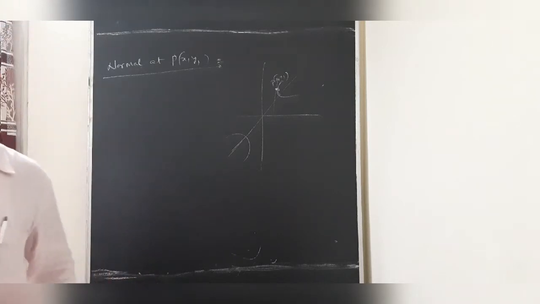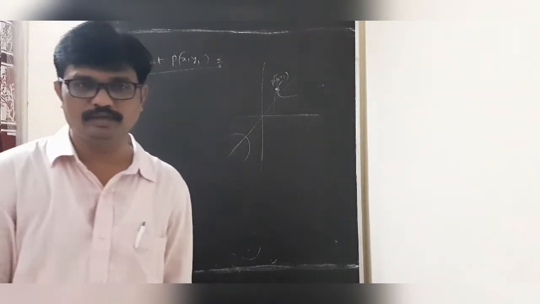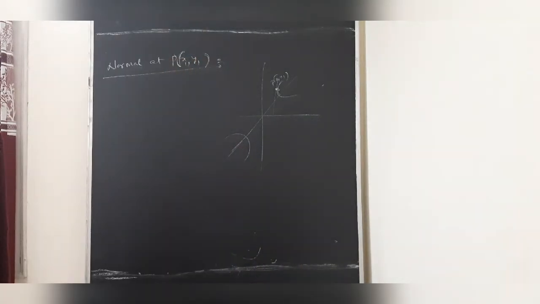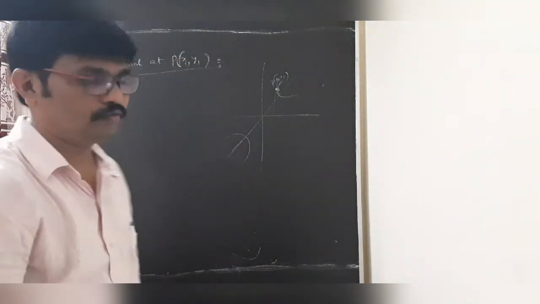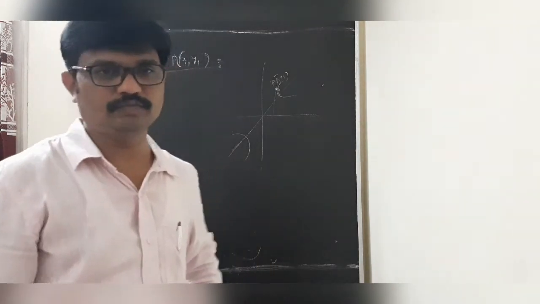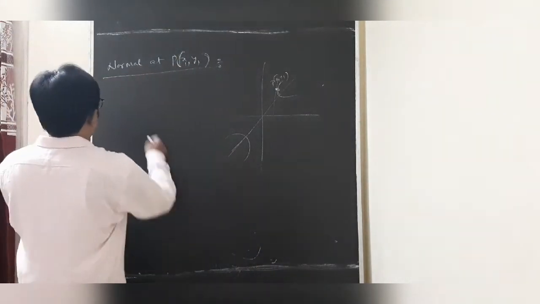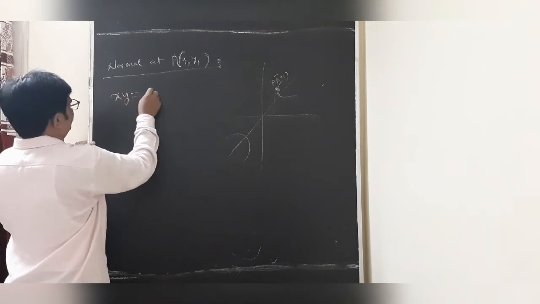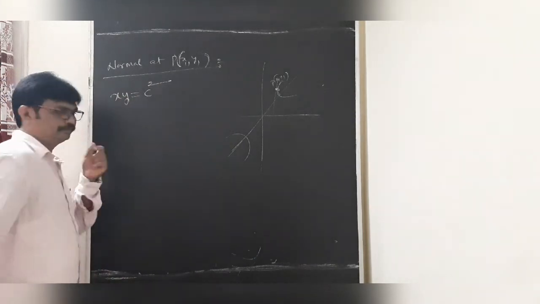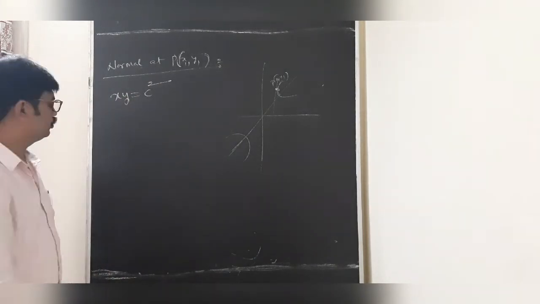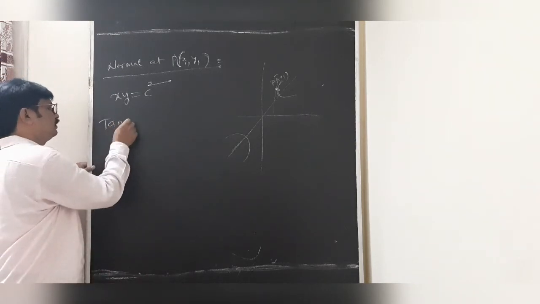So dear students, now the normal at x1y1 to the rectangular hyperbola. Right now we discuss about the normal at P(x1, y1) to the rectangular hyperbola xy equal to c square. Okay students, so just we discussed about the tangent.